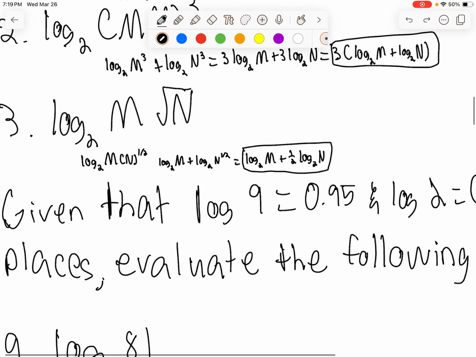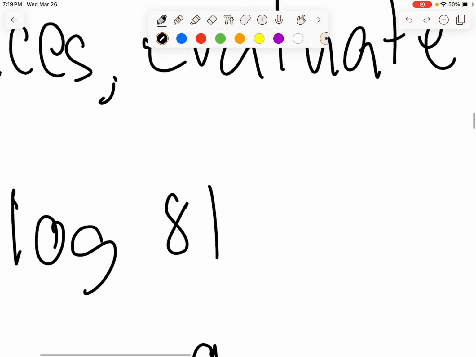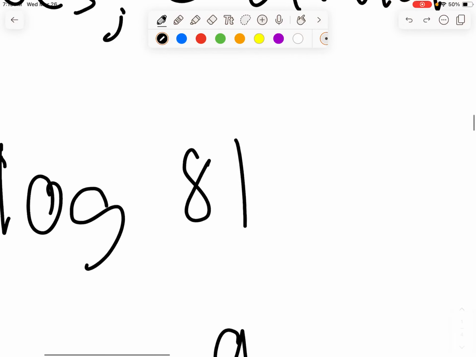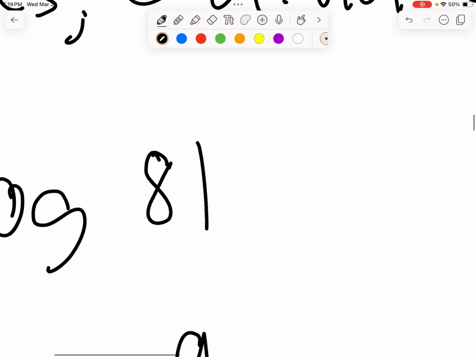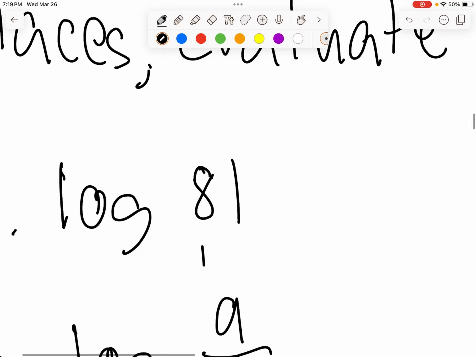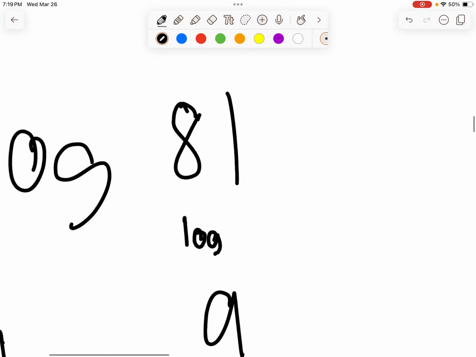Anyway, that being said, let's get into this. So, for now I'll just write it. Log of 10, 81.